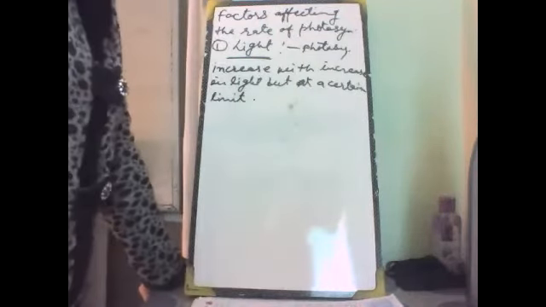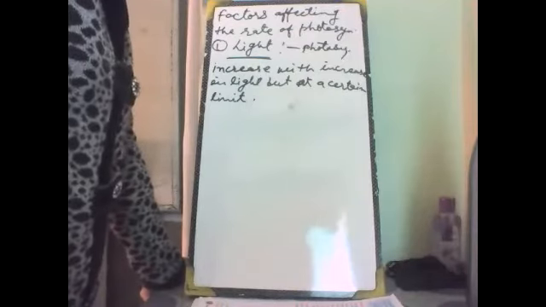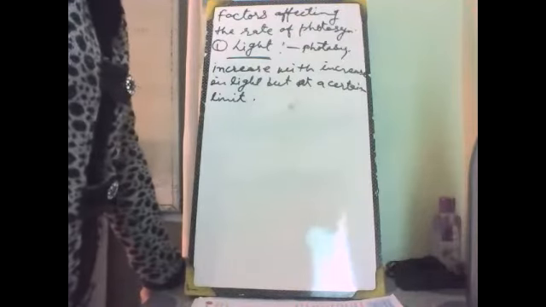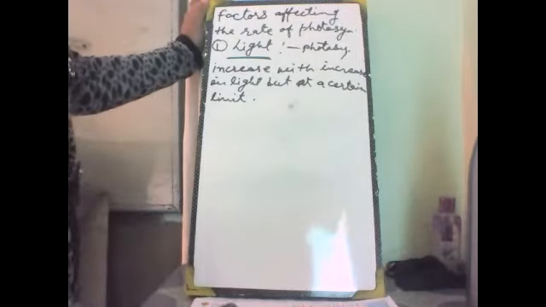Too much light slows down the photosynthesis. In less light or on cloudy days, the rate of photosynthesis is very low or slow.